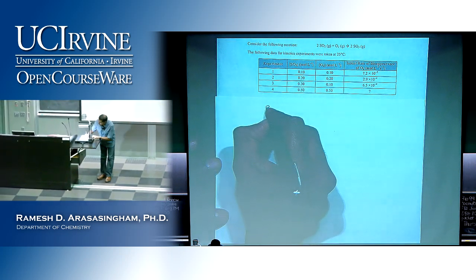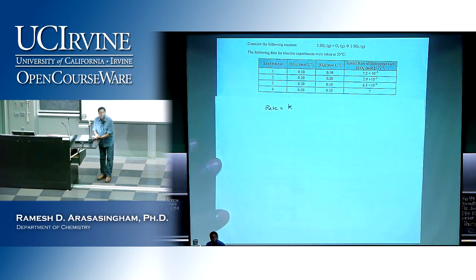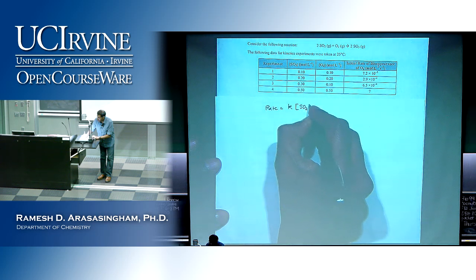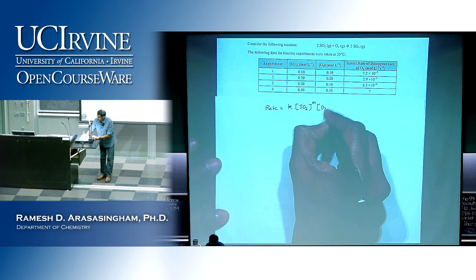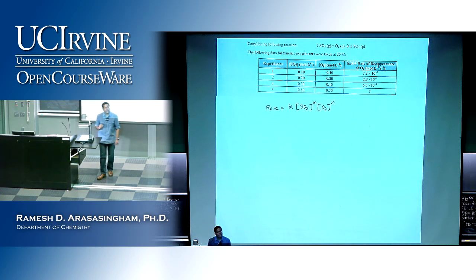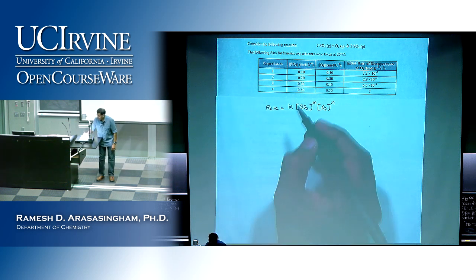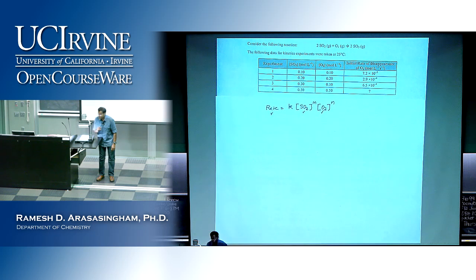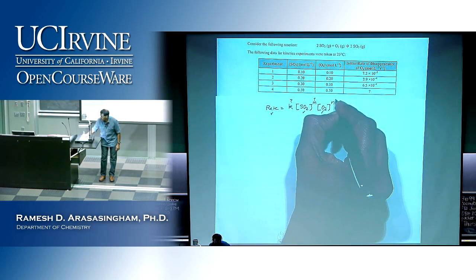Rate should equal a rate constant K, times SO2 raised to the power M, and O2 raised to the power N. In this, we know the rate and the SO2 and O2 concentrations. What we don't know is K, M, and N.